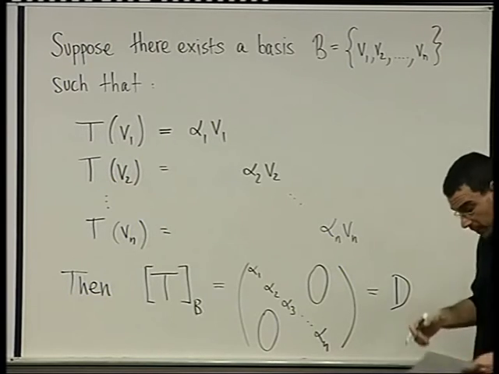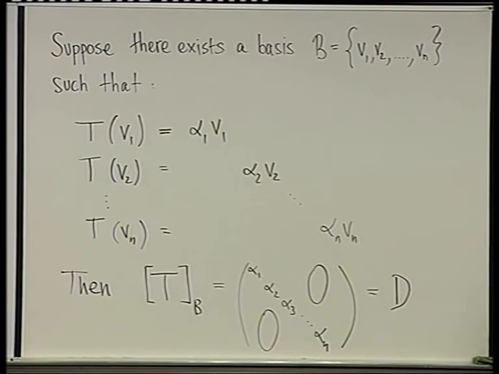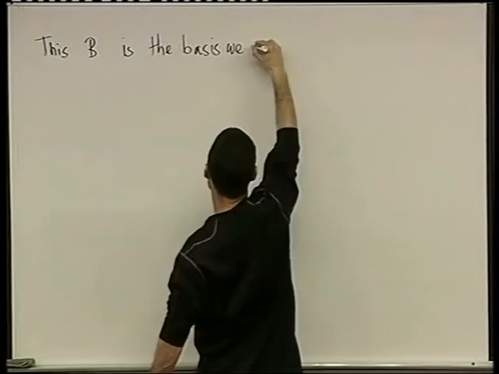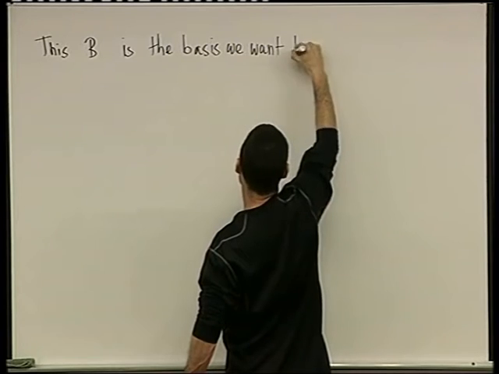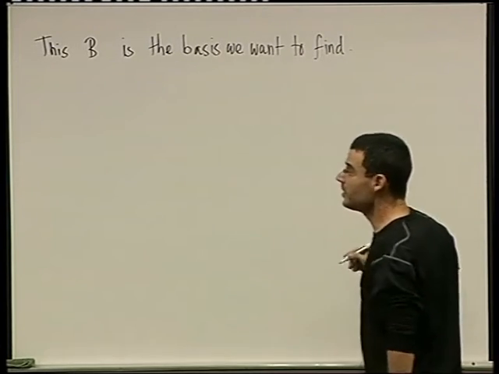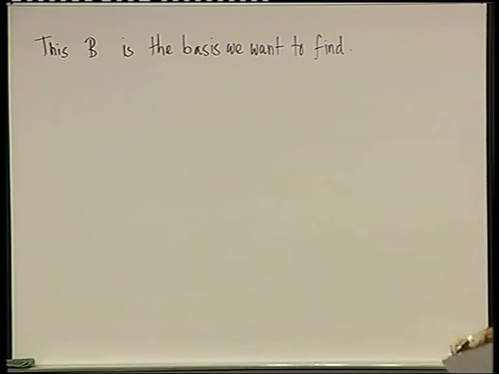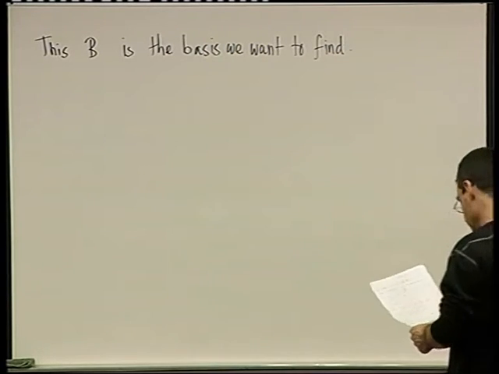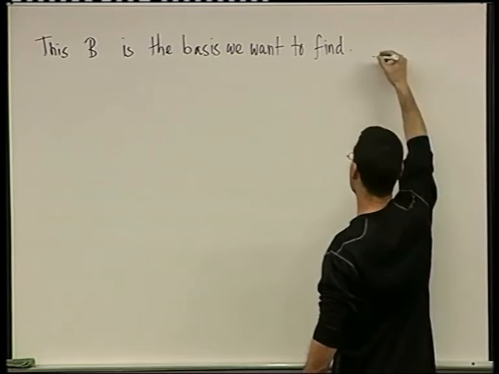So our goals are, so maybe I'll continue writing. So this B is the basis we want to find. The basis B such that T has a diagonal representation with respect to it.